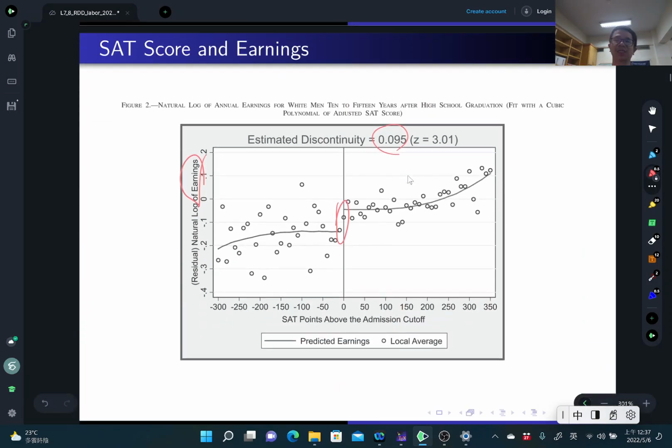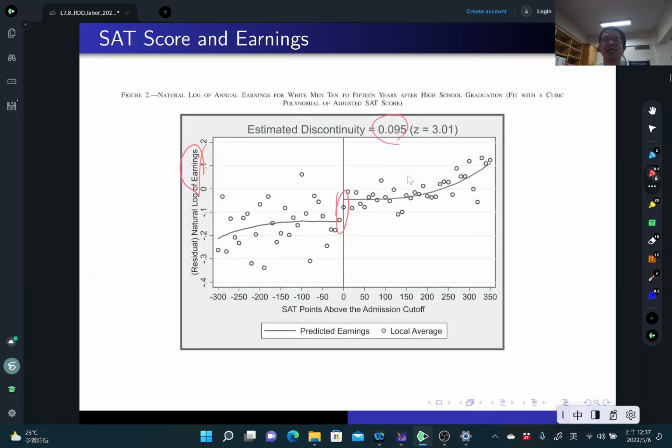So the discontinuity in the outcomes can be attributed to the effect of attending the good university.